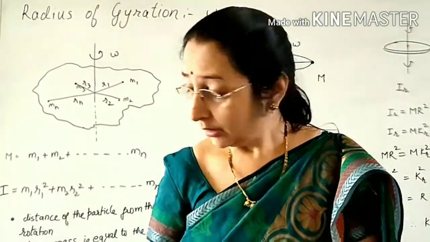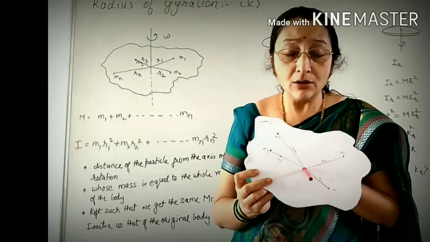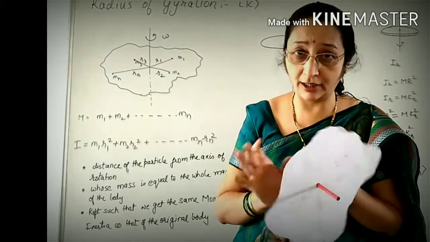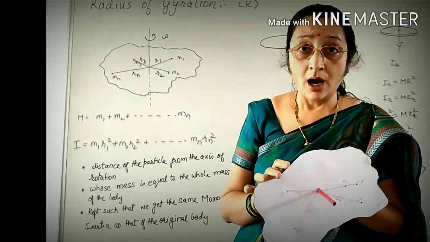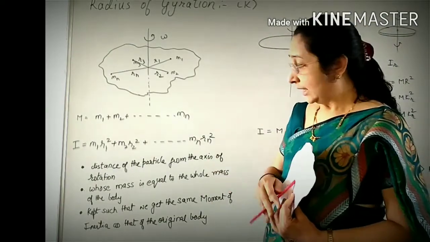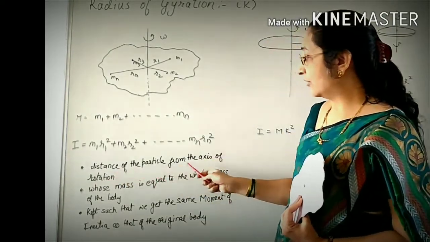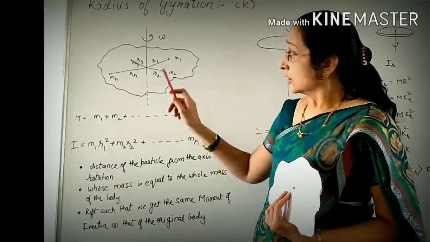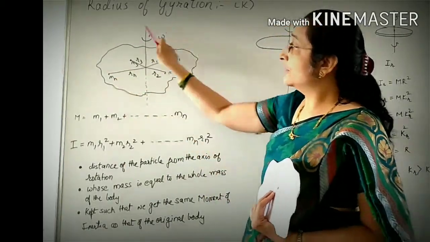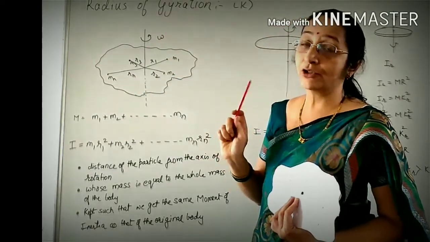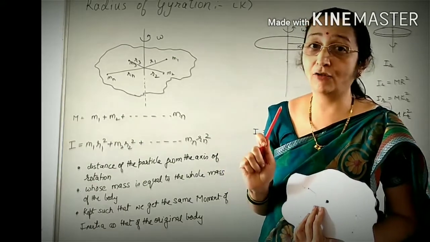We know the radius of gyration of any body about a given axis of rotation is the distance of the particle from the axis of rotation. So the radius of gyration of this body about this axis of rotation, first of all, is a distance from the axis.